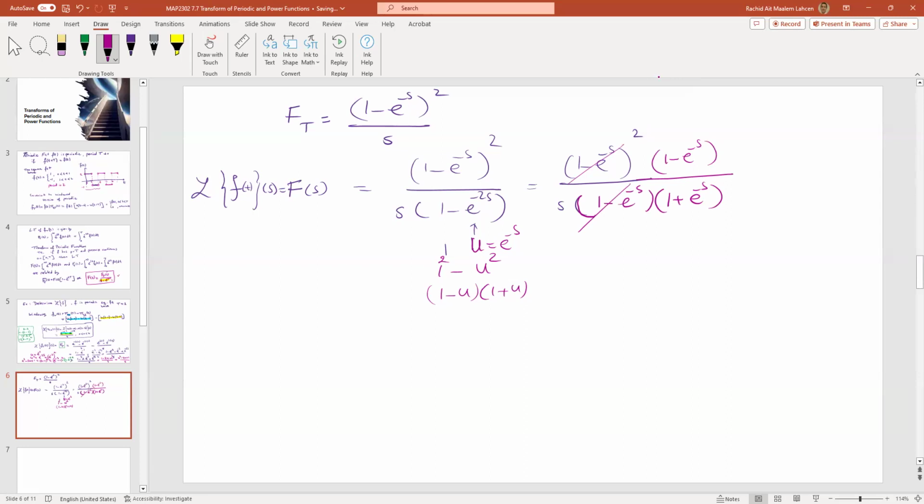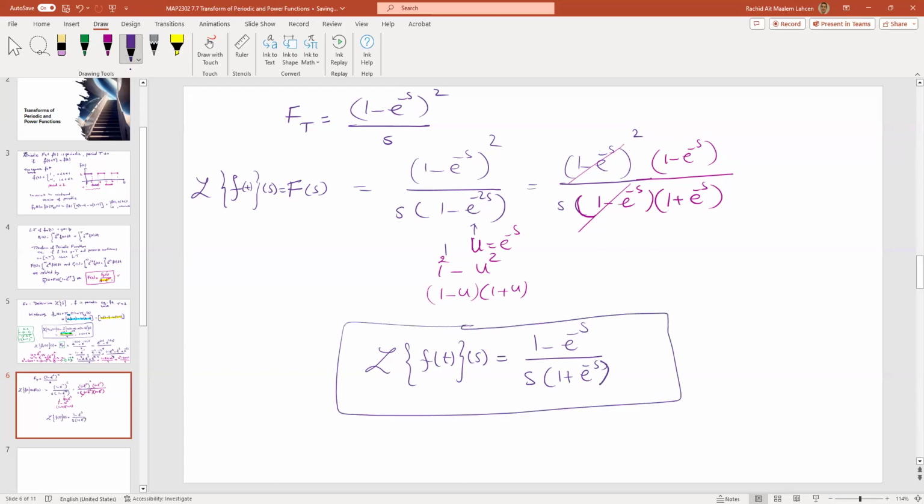So we did find it. So here is the answer. The Laplace transform of this periodic function, which is here the square wave function, is 1 minus exponential to the negative s over s times 1 plus exponential to the negative s.